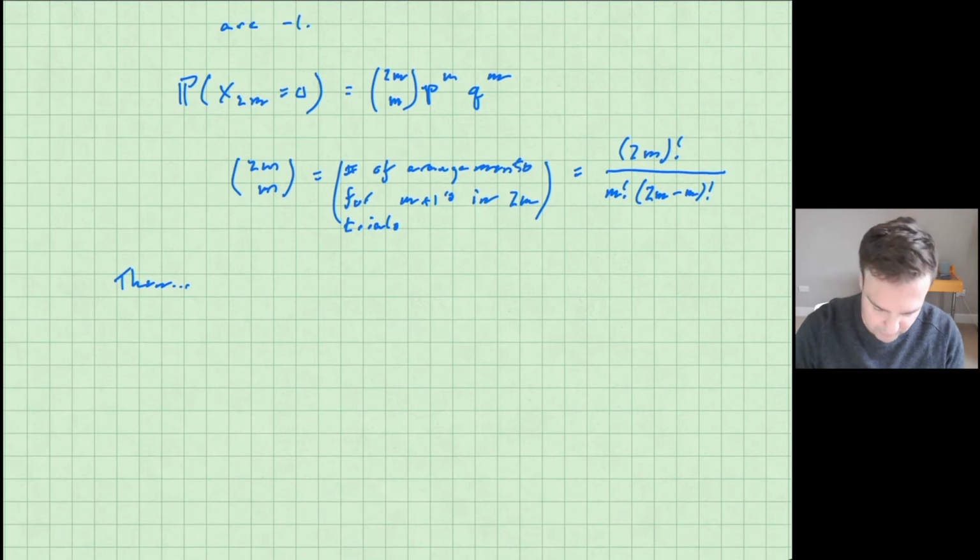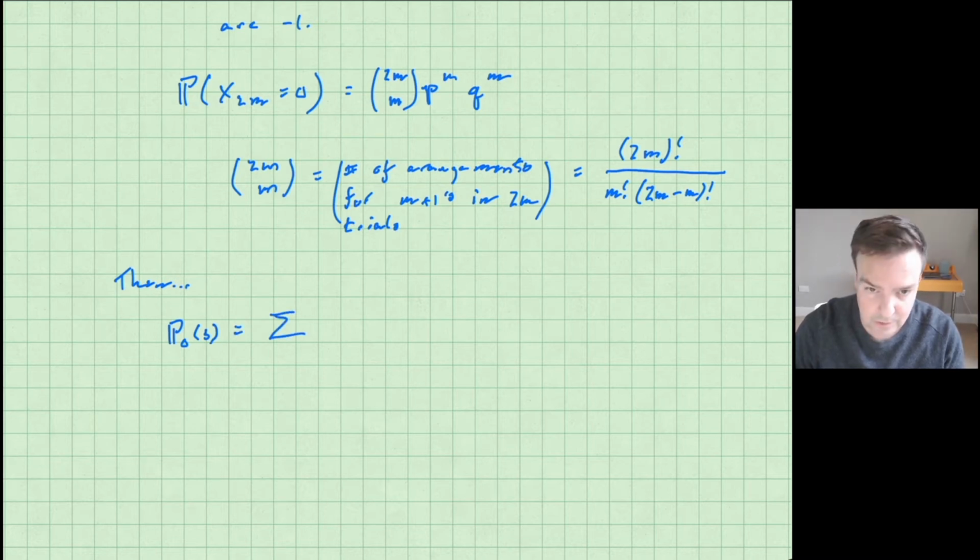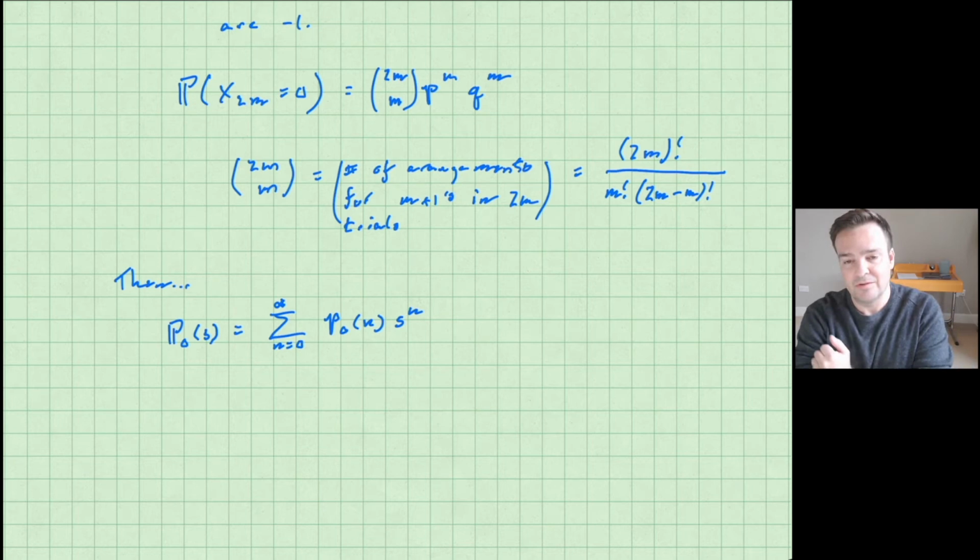Here's what we've got: P0 of s, right? We'll just put in the definition here. This is the sum as n goes from 0 to infinity of little p 0 n times s to the n. Remember, this is just suppressing the first index. That little p means the probability of going from state 0 to state 0 in n steps.